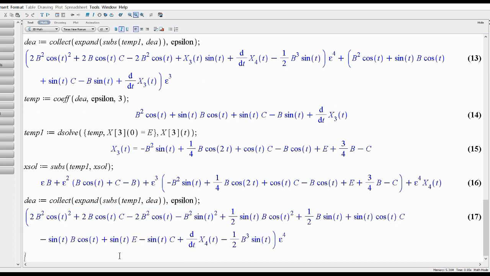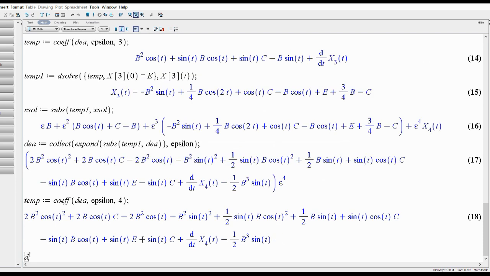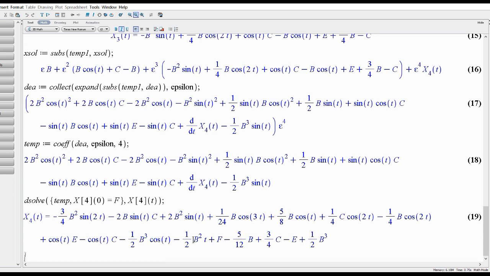And then I say temp equals the coefficient in DEA of epsilon to the 4, and then I say dsolve temp, x4 of 0 equals some number f, x4 of t. B square t. So if you don't make b equals 0, this will break down.